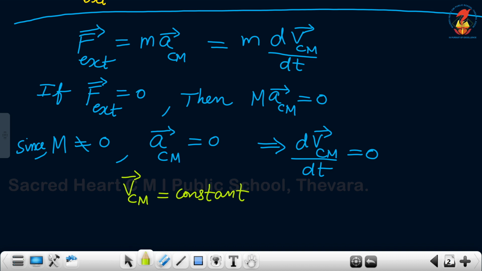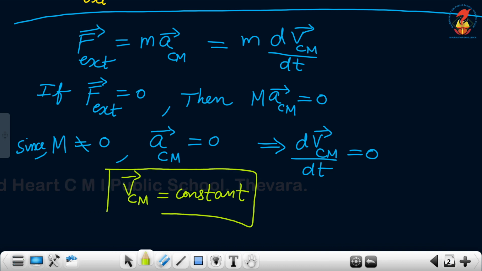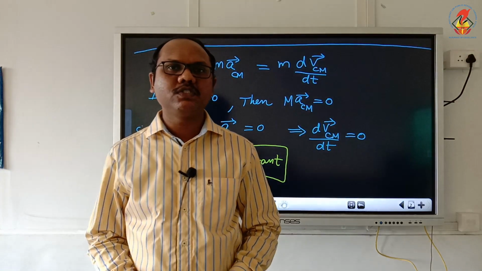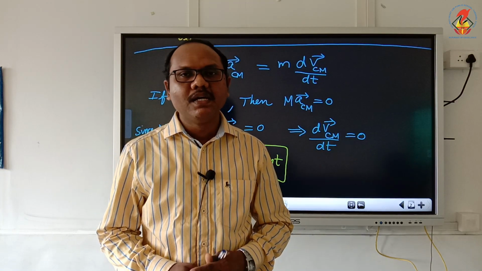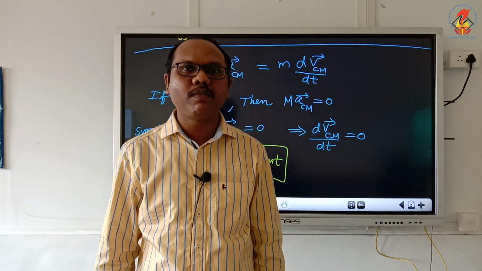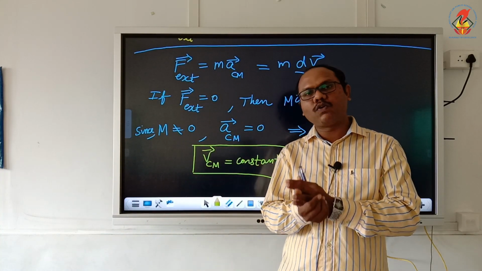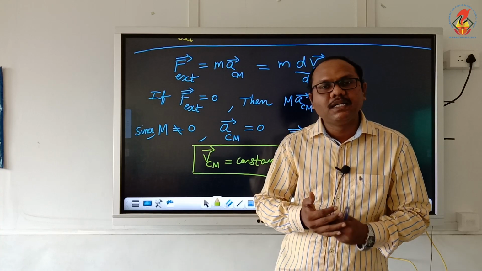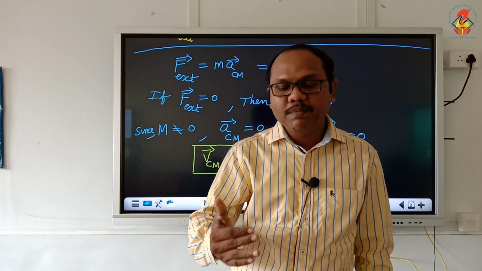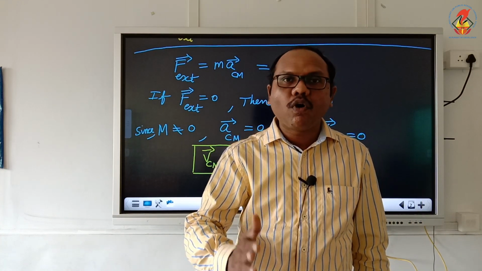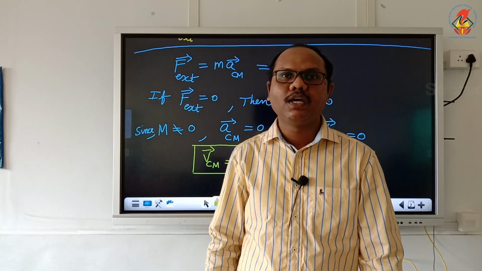That means if no external force acts on the rigid body, the velocity of the center of mass remains constant, and acceleration of the center of mass is 0. It means that the center of mass will be either at rest or moving with a uniform velocity.